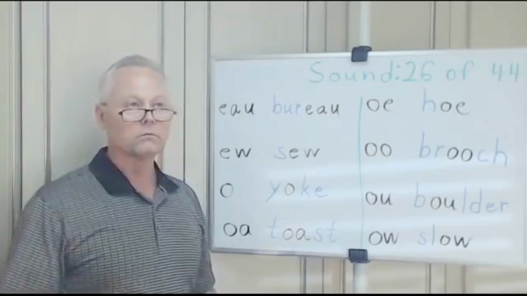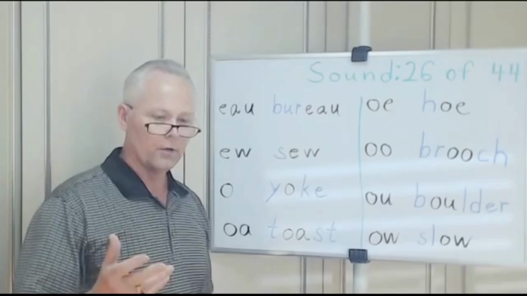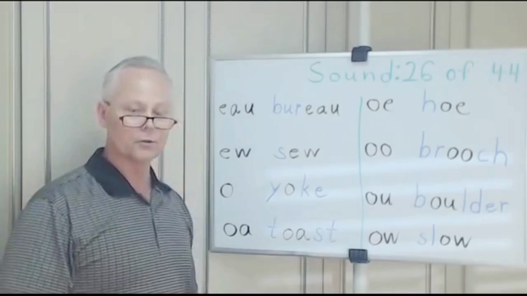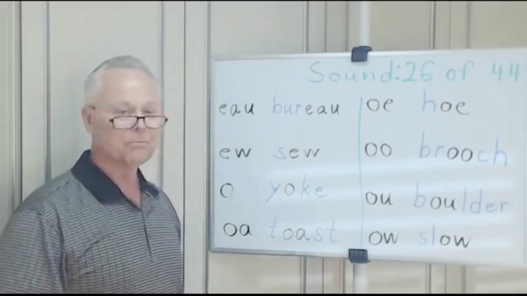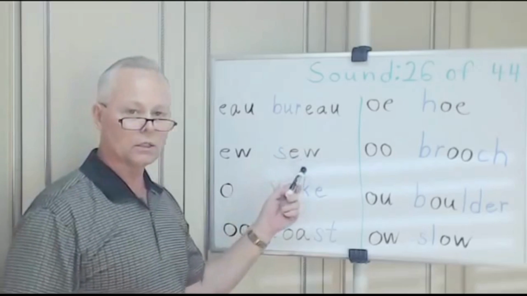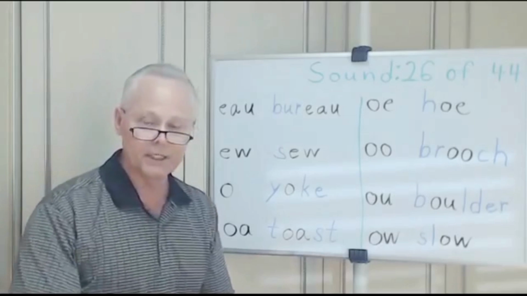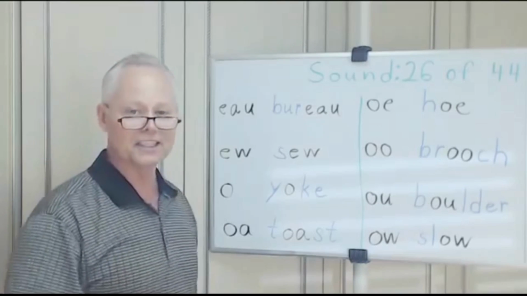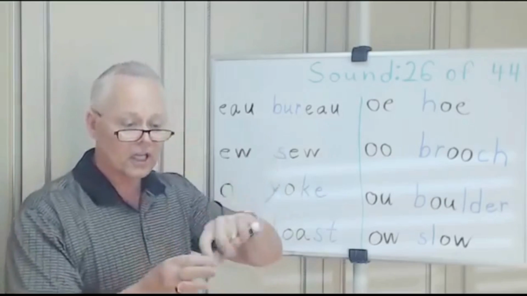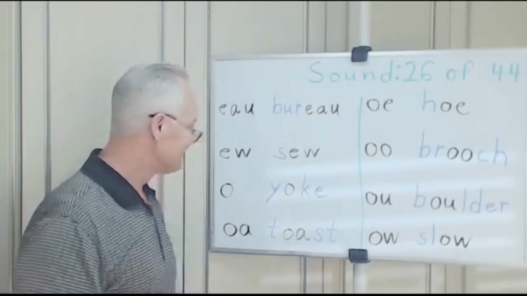Now, the sound bureau could be like the Bureau of Federal Investigations. Could be an office of some sort, an agency, right? How about sow? A farmer sows his crops. He plants the seeds. He sows the seeds to grow a crop. Perhaps you sew your clothes when they get a tear in them to repair them.